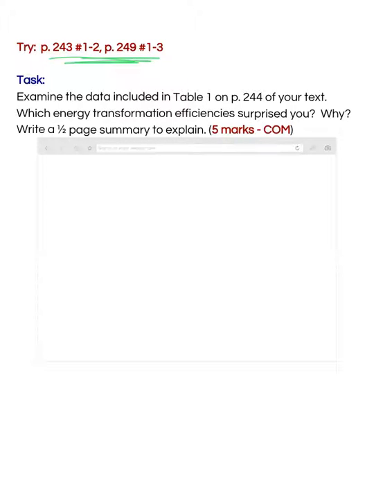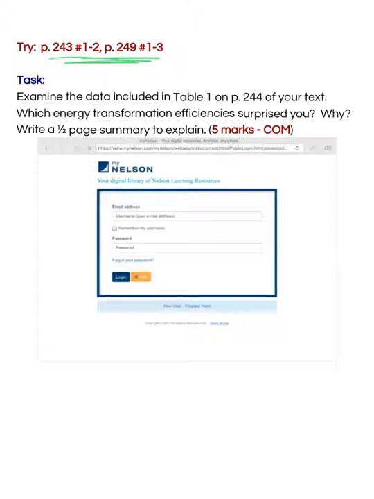I'm going to go to My Nelson, just to show you this in your textbook. And what you're going to do is you're going to see there's a table.